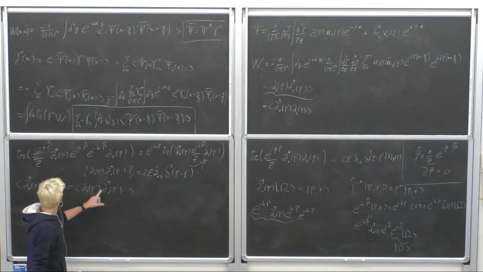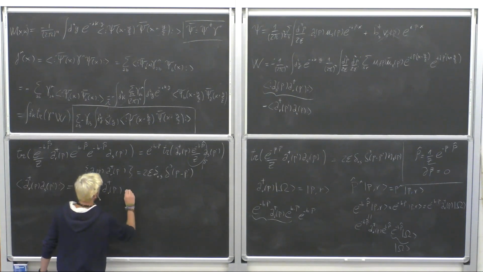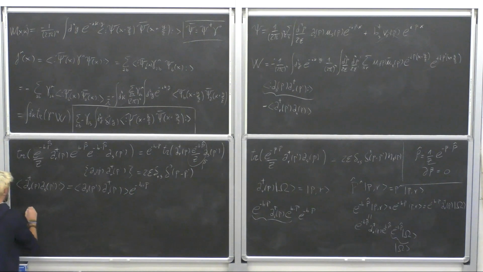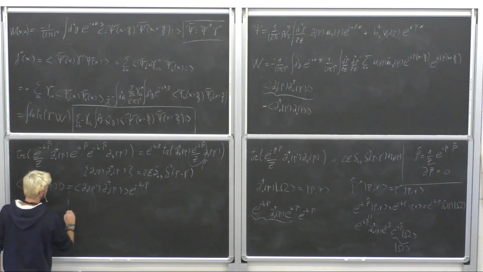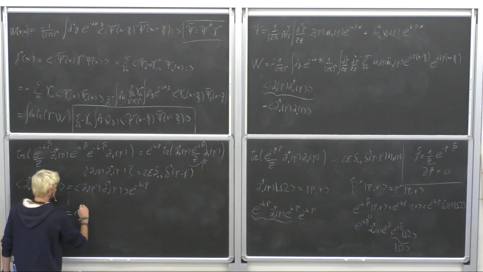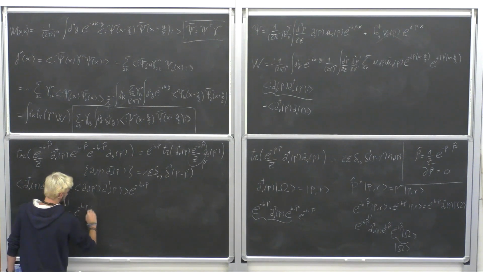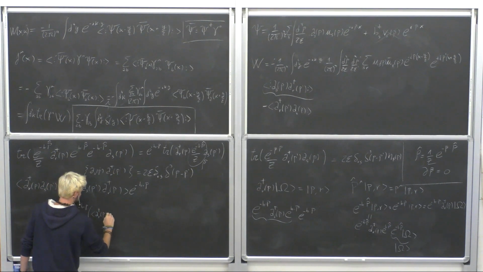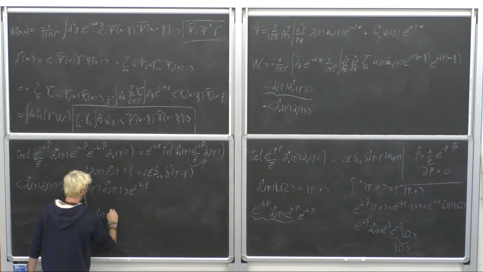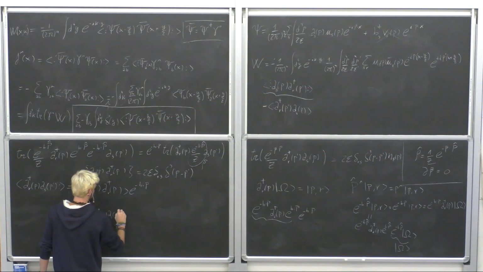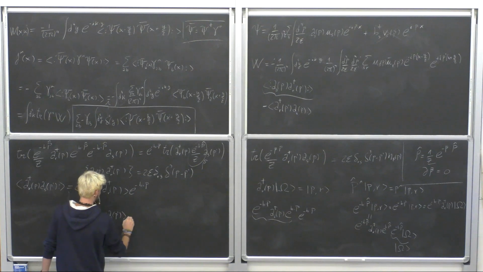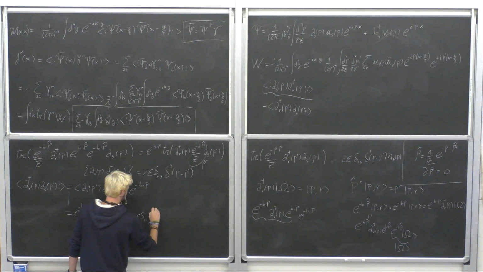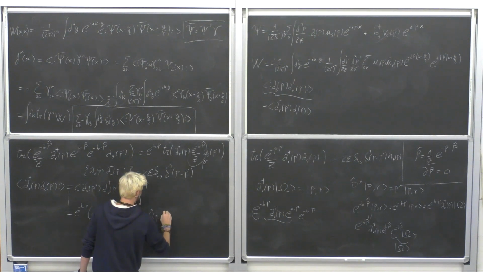And therefore, we can write this thing. Sorry, I forgot also the exponential factor. Nothing would work otherwise. So we find this expression to be equal to e^{-βp} times a†_r(p) a_s(p') plus 2ε δ_rs δ³(p − p').